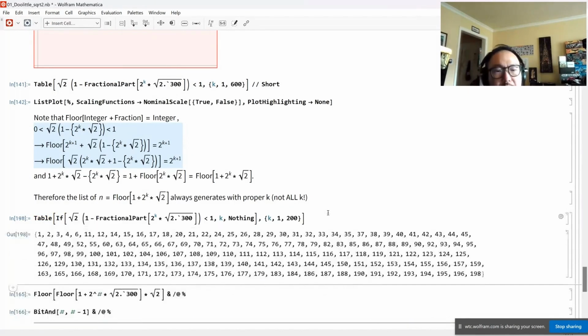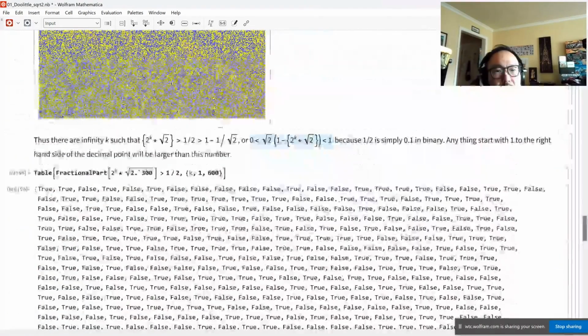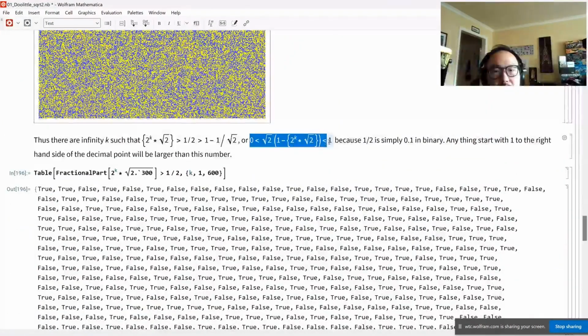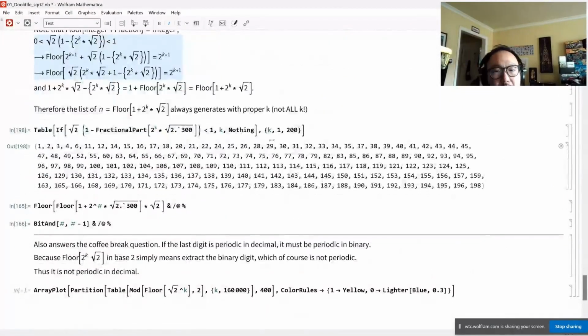So there are infinitely many k such that this inequality holds, and these are the valid k for this value. Then we find all the valid cases here limited to 200, and you can go more, like 500, 600, and beyond.